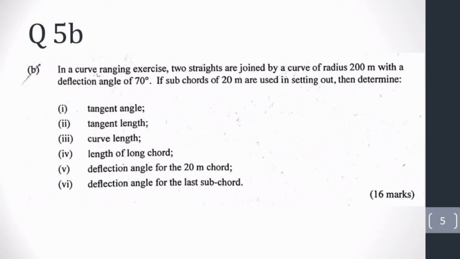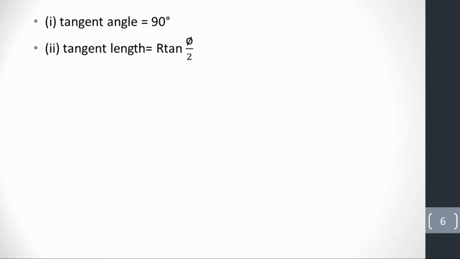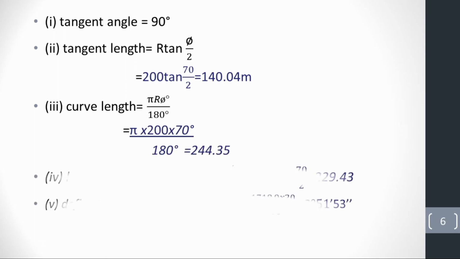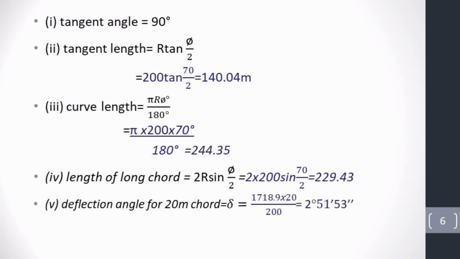By the simple knowledge that you have, our first question, the tangent angle, is obviously 90 degrees. I think that was what you are being tested on, to see if you know the properties of a triangle together with a circle.